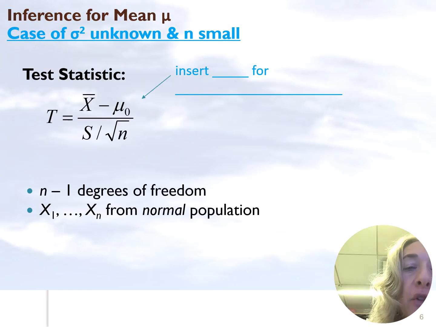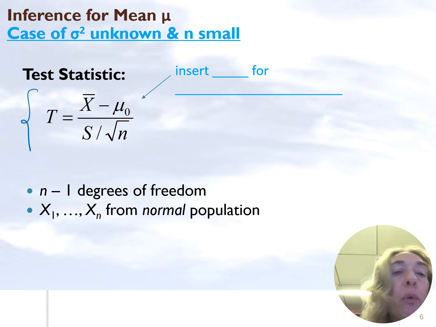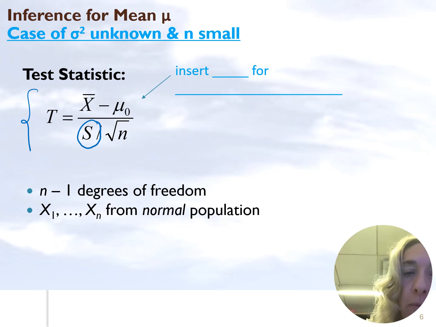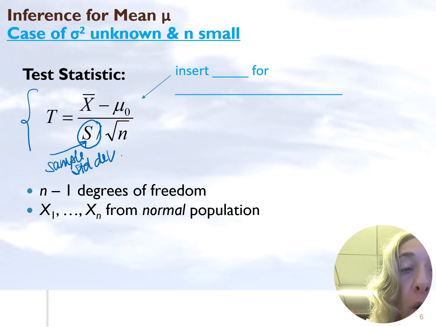And this is what your t random variable looks like. It looks very similar to z, but it has s in the denominator instead of sigma. Remember, z has sigma. S is your sample standard deviation. And because we don't know sigma, we have to estimate it by s. Recall t has degrees of freedom of n minus 1.